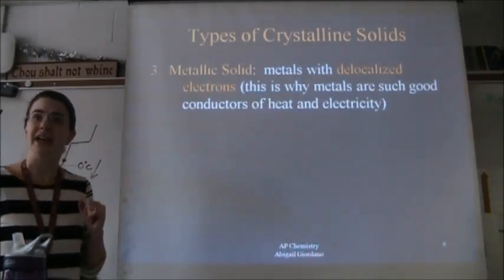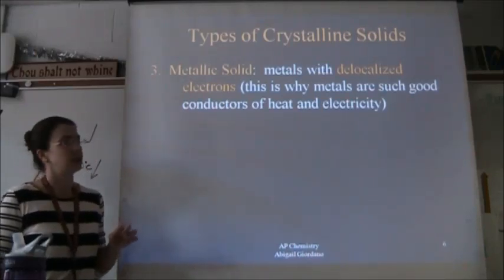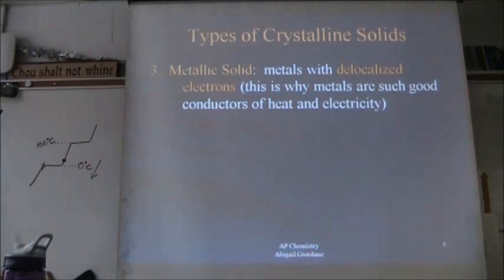Maybe it's a metallic solid. Okay? I mean, think about it for a second, guys. If you have a bar of gold, oh, if only. Okay, gold, pure gold. Is that ionic? This is not a trick question. No. Is it covalent?